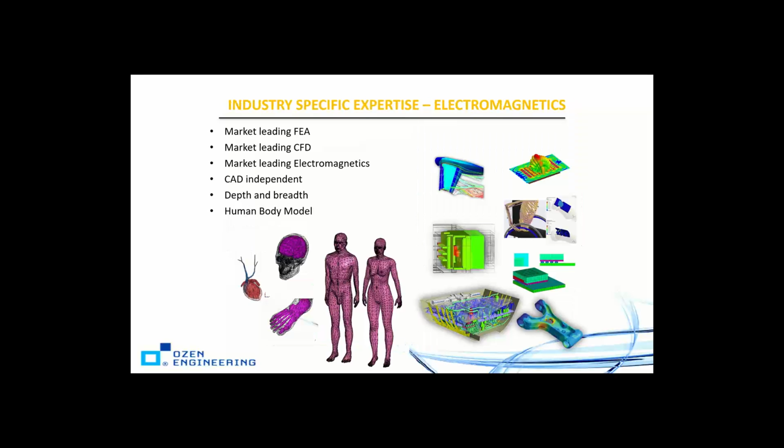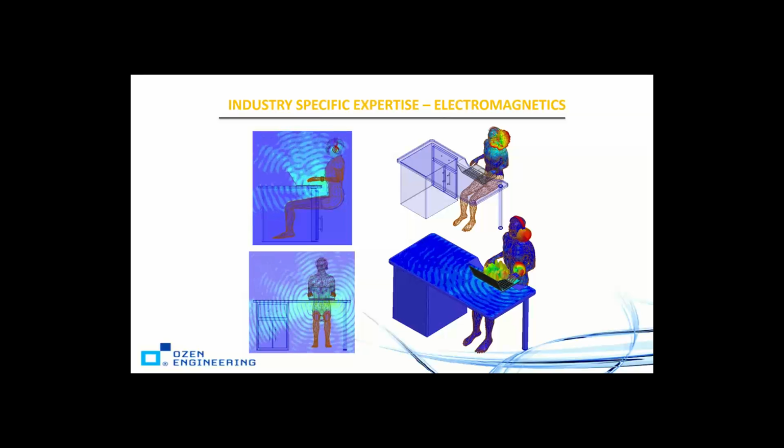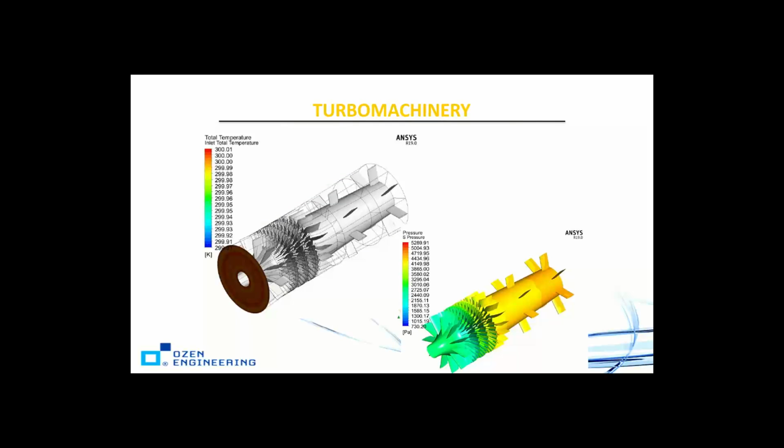Our electrical engineering group is involved in high and low frequency electromagnetics, anything that deals with the human body as well as outside the human body with respect to antennas. Antennas are a big part of our business because IoT as well as autonomous vehicles all require antennas.